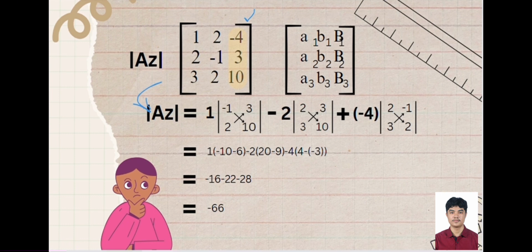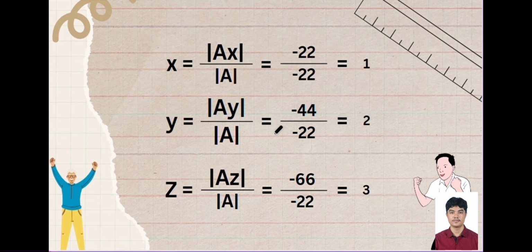And last but not least, the final step of Cramer's rule is to find the x, y, z values. For the x value, we need to divide the determinant of x we got earlier by the determinant of A, which is negative 22.